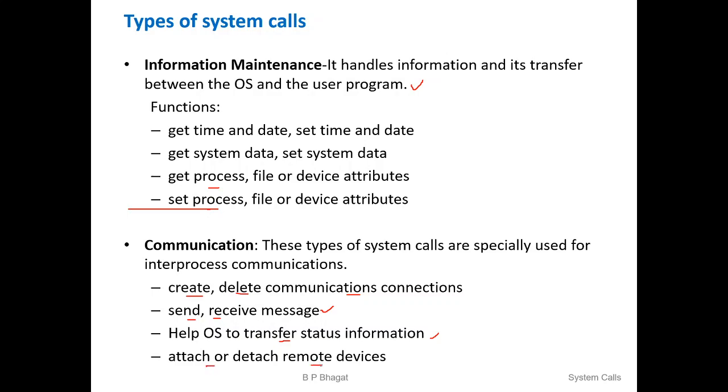That means if we want to communicate with different devices connected with the communication lines, then we need to attach to the remote device, and once the communication is completed, we detach from the remote device.